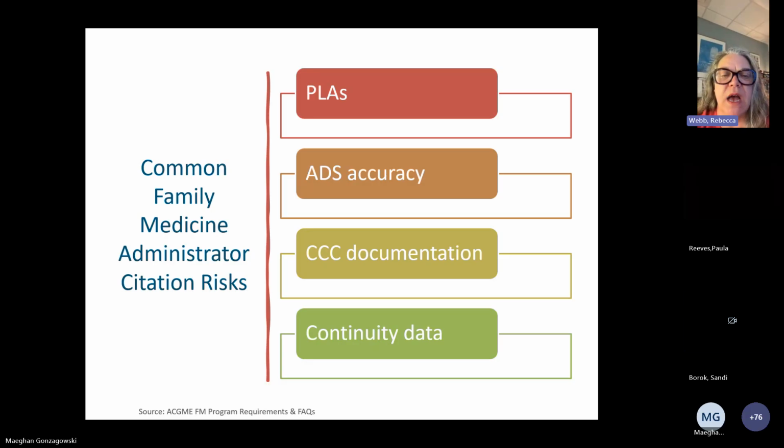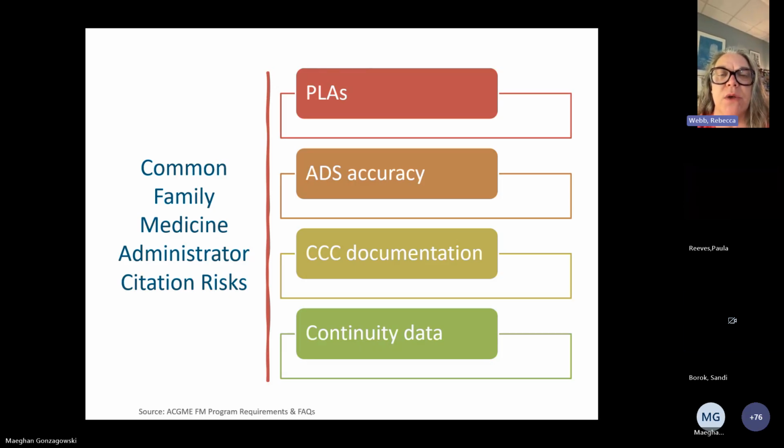All right, so these are the common family medicine administrator citation risks. So PLAs, which we already discussed, and your accuracy on WebADS. So not just the numbers that you're putting in, but also making sure that your specialty docs that are working with your residents are listed, that your faculty is correct, the FTEs that they're working are correct, and that the CVs are in for those faculty members that are required, which I believe is the PD and maybe APDs.